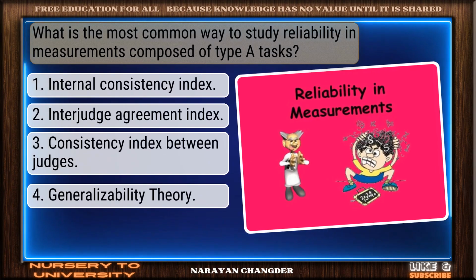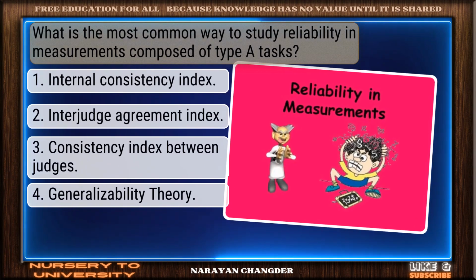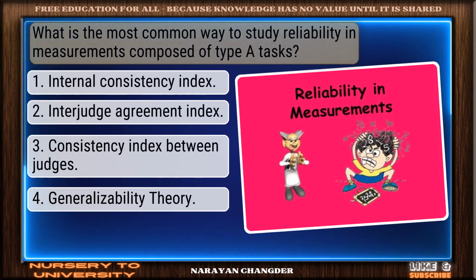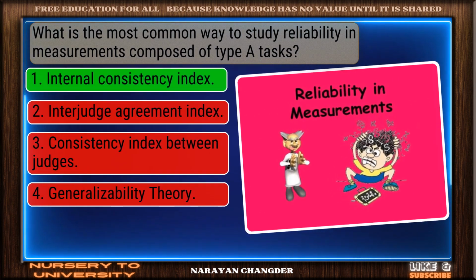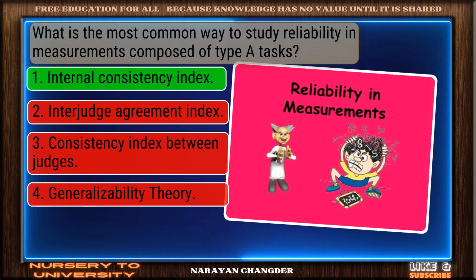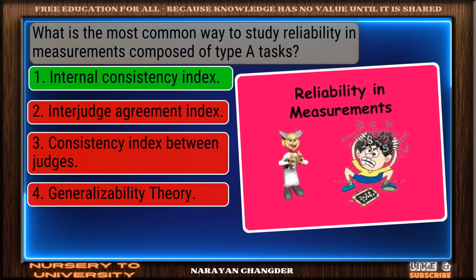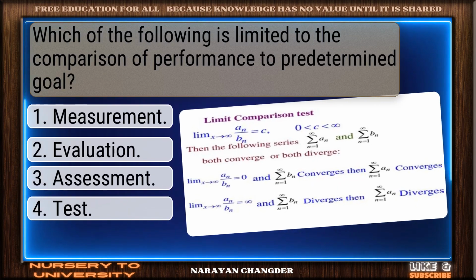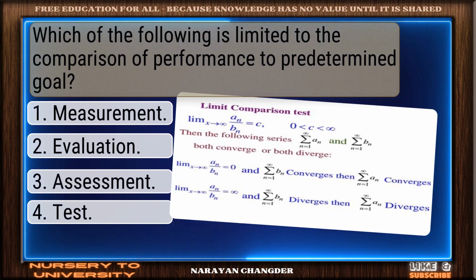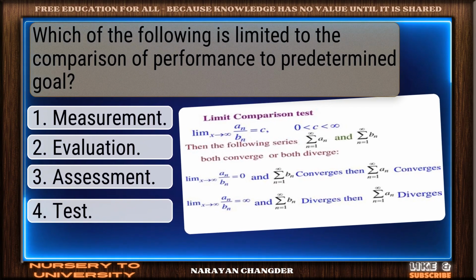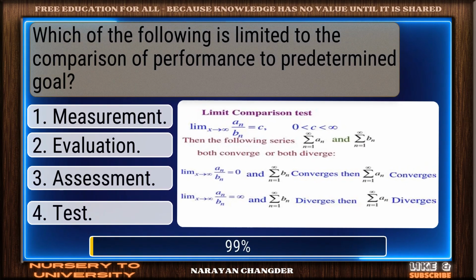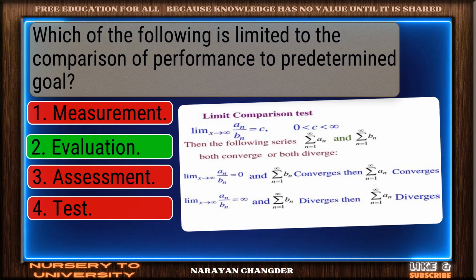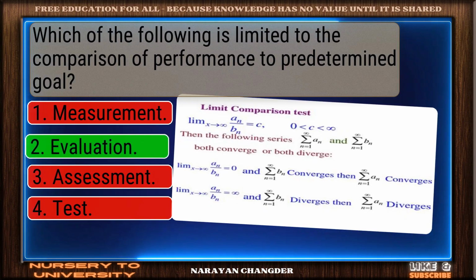What is the most common way to study reliability in measurements composed of a type of tasks? Great thinking. Internal consistency index is the right choice. Which of the following is limited to the comparison of performance to predetermined goal? Nice selection. Evaluation is the correct and valid answer.